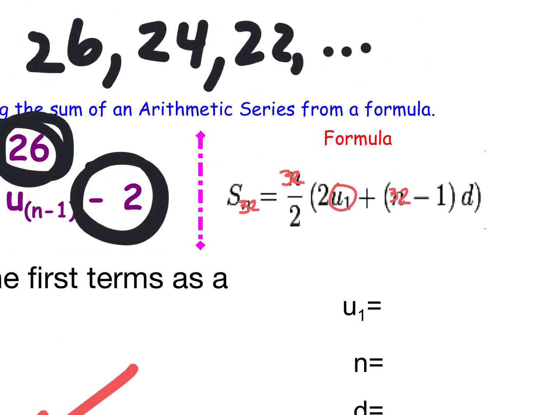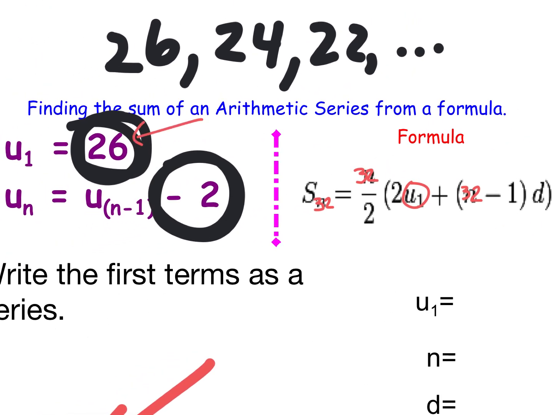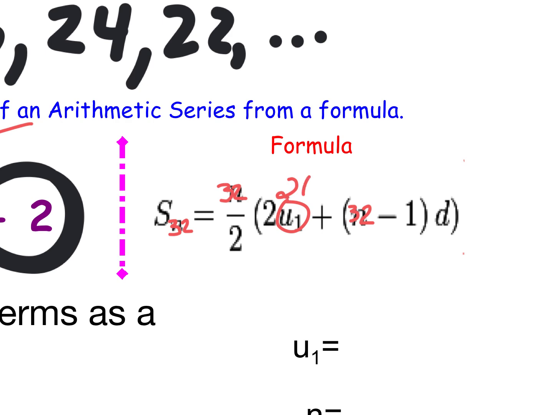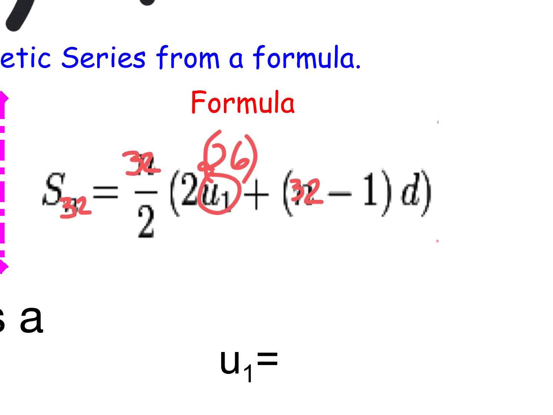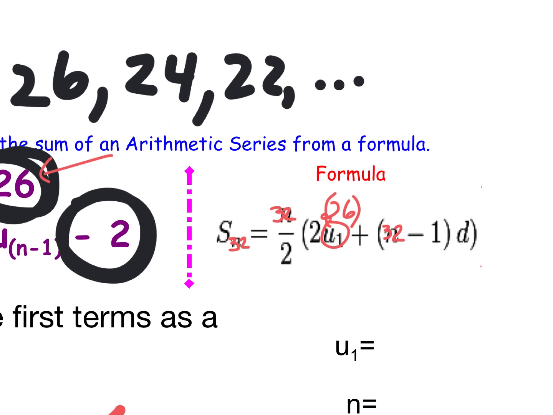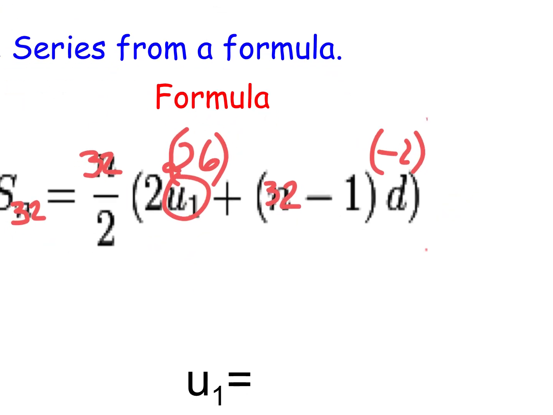That's easy. It's just the first thing, which is right there, 26. And then D is the common difference, and it was negative 2. 31 times negative 2 plus 2 sets of 26, which is 52.